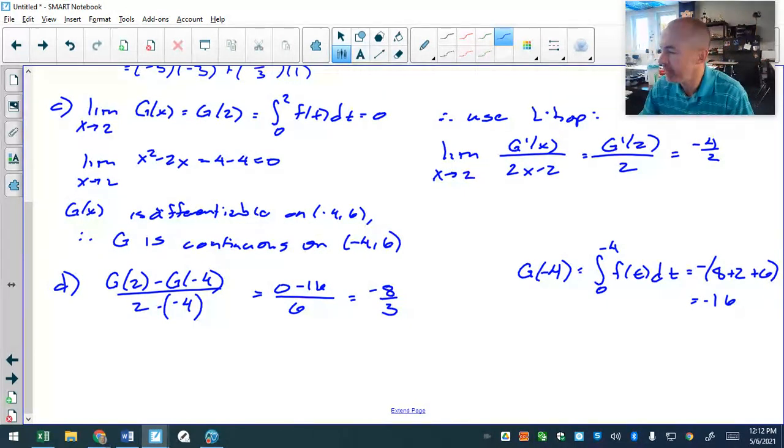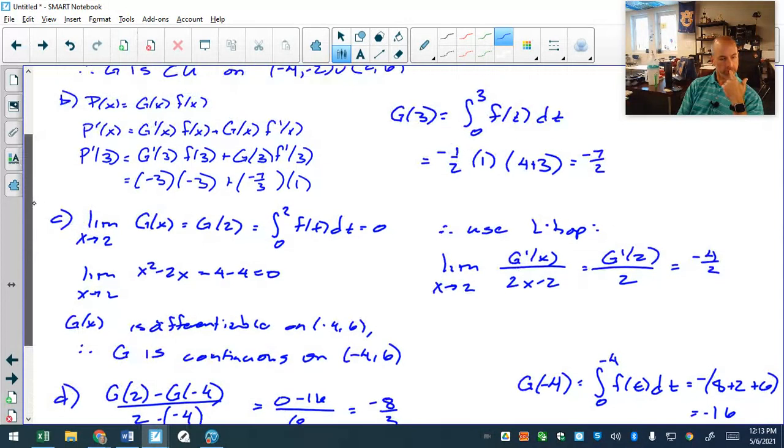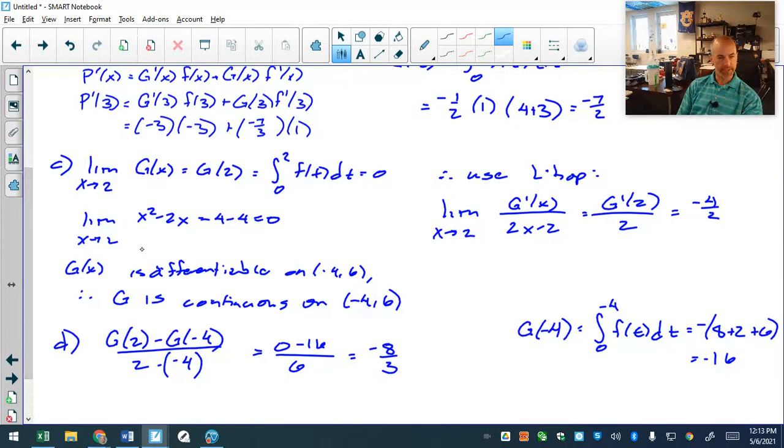All right. Then it says, does the mean value theorem guarantee a value c for which g prime is equal to this average rate of change, and justify your answer? Does the mean value theorem? I want to say yes. So what we have to be sure of is whether g is differentiable. And g is, this is what we talked about earlier, g is differentiable because I'm looking at its derivative.